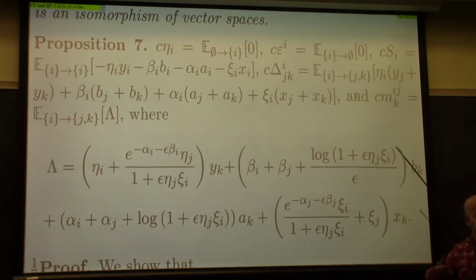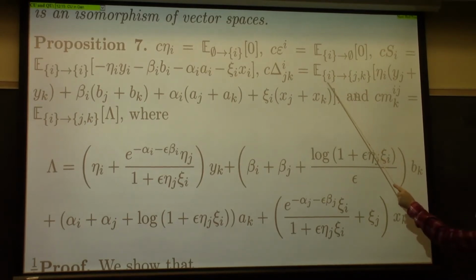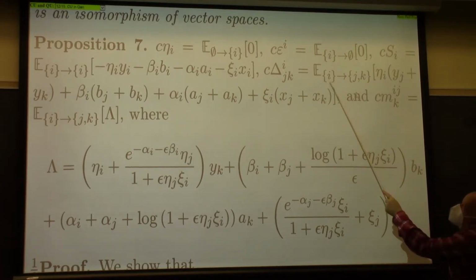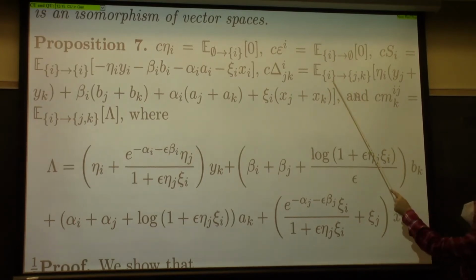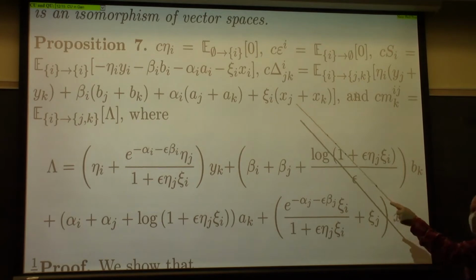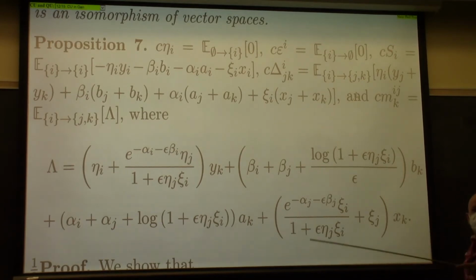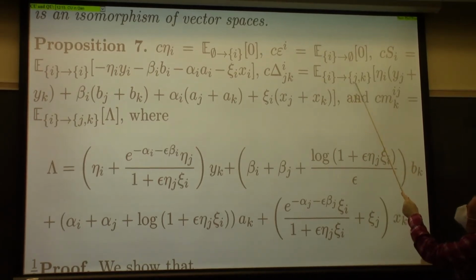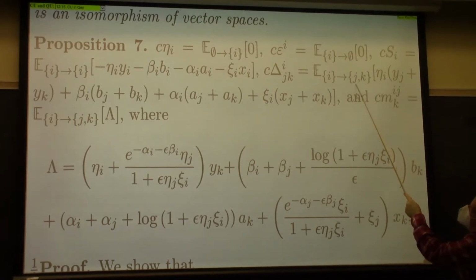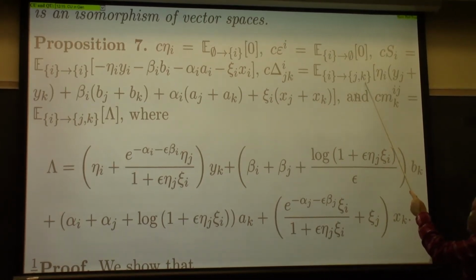But again, our algebra really has 4 generators, y, b, a, and x. So what I really mean is that it's going to be a generating function with Greek letters corresponding to I and Latin letters corresponding to j and k. So it should have an eta I, a beta I, an alpha I, and a psi I, and outputs yj, bj, aj, xj, and likewise with k.